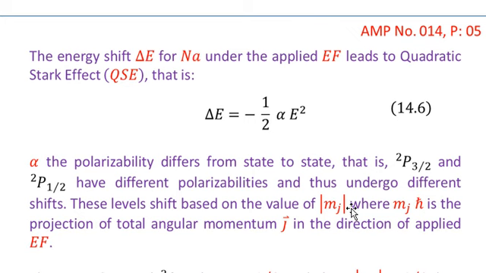As in the case of the Zeeman effect, where we learned that mj is the quantum number giving the projection mj h bar of the total angular momentum j in the direction of the magnetic field, similarly here mj mod is the projection of the total angular momentum j of the atom in the direction of the electric field. But here we consider only its magnitude, which is mj mod.